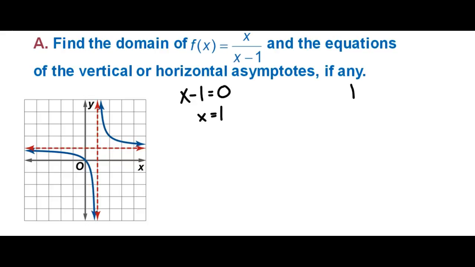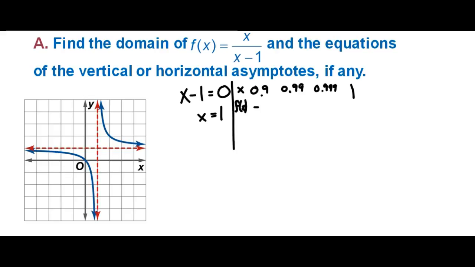So numbers like 0.9, 0.99, and 0.999 all approach 1 from the left. So if we effectively set x equal to those values, we can figure out what f of x would be in each case. So when I put 0.9 divided by 0.9 minus 1, if you're doing that on your calculator, don't forget to put the denominator in parentheses.